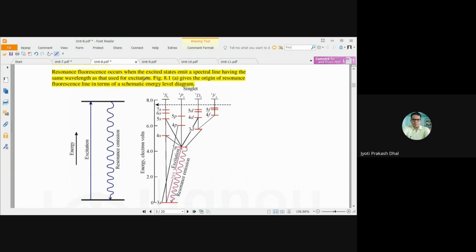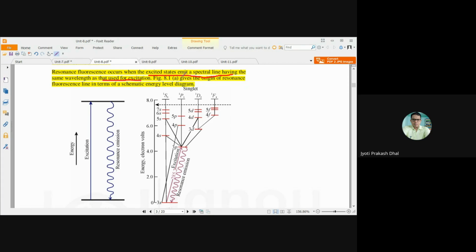Resonance fluorescence occurs when the excited states emit a spectral line having the same wavelength as that used for excitation.